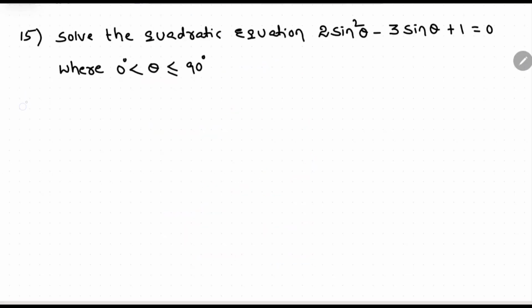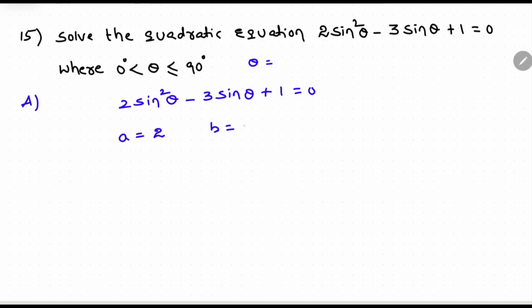In the given problem, we have a quadratic equation, 2 sin² theta minus 3 sin theta plus 1 equals 0. Here we have to find the theta value. What is the a value here? a equals 2. What is b?